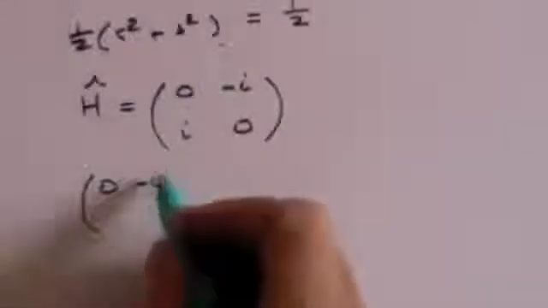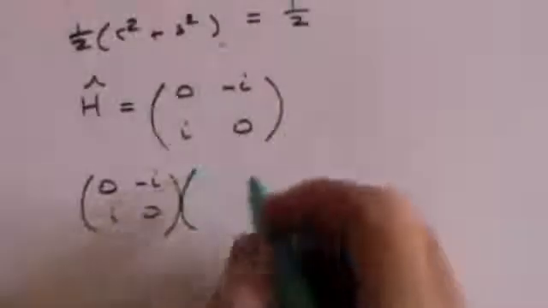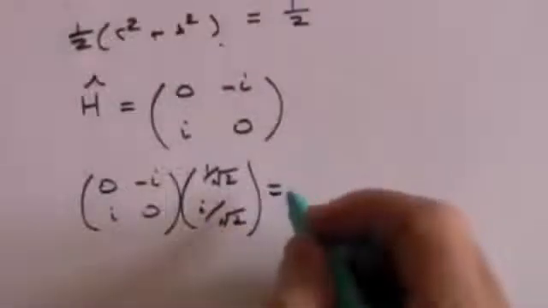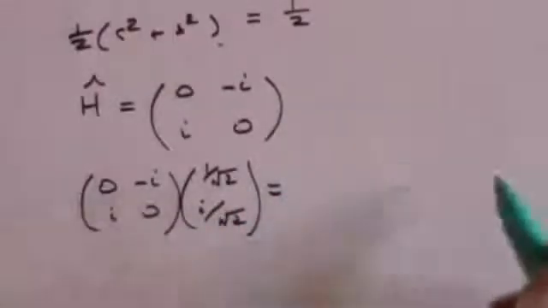You take [0, -i; i, 0] and you act on the clockwise eigenvector, and that's going to produce, at least it jolly well better produce, the same eigenvector multiplied by an eigenvalue.